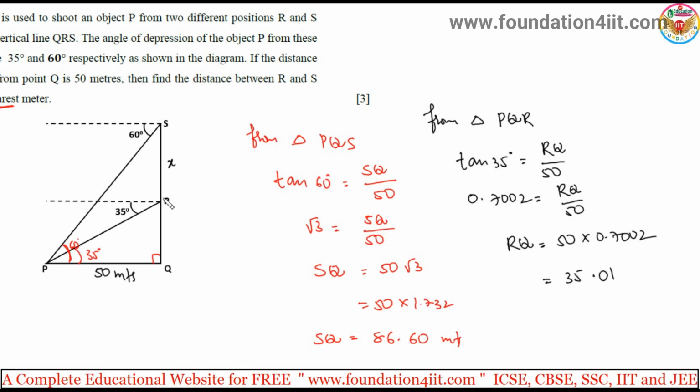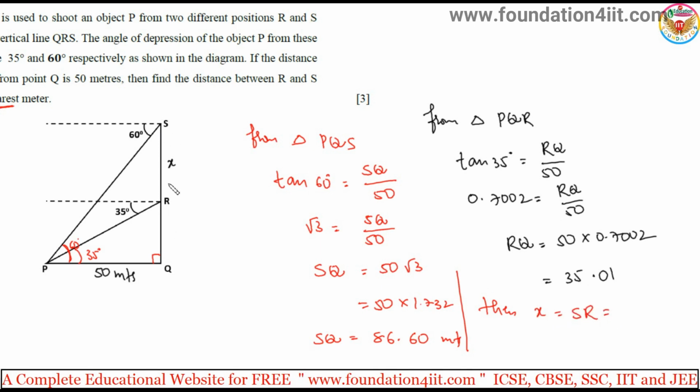Right, now this is RQ. We got R to Q and S to Q. Now for the X value, they are asking only the distance SR. X, you need to find, that is SR. That is total SQ minus RQ.